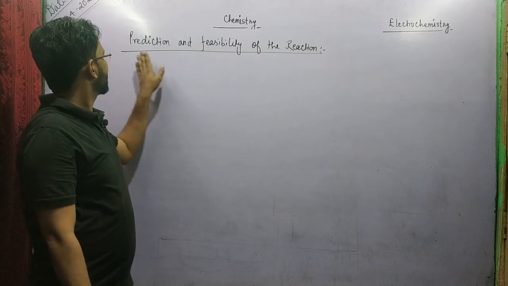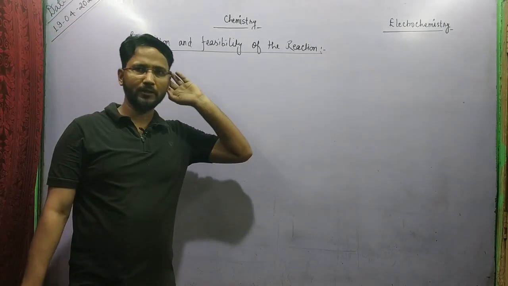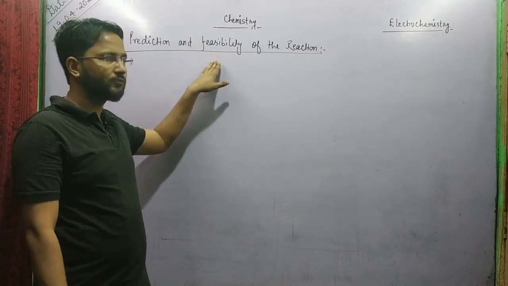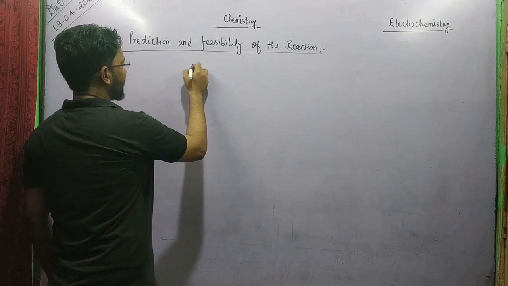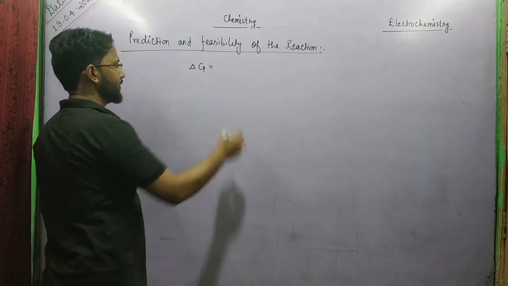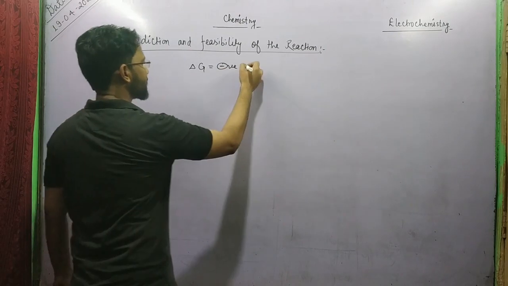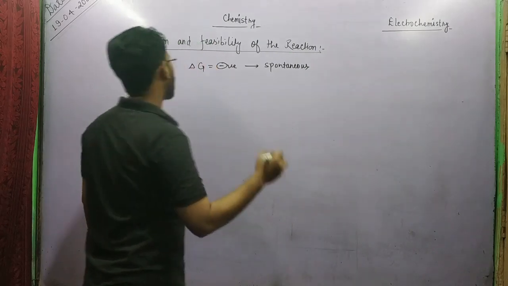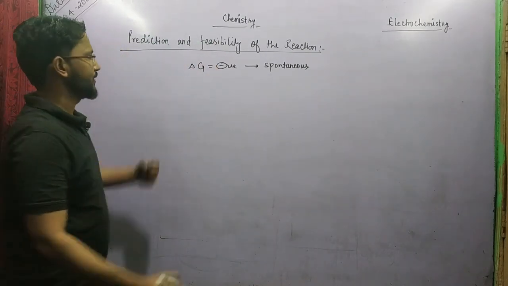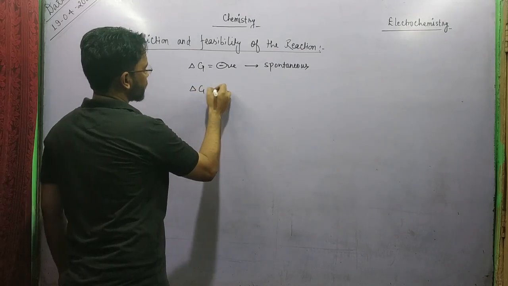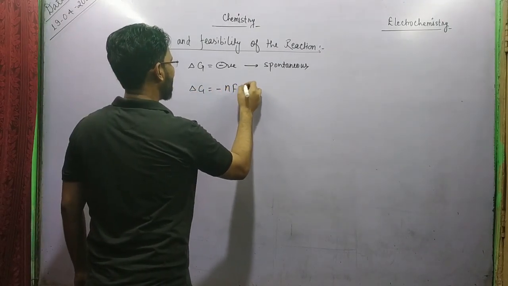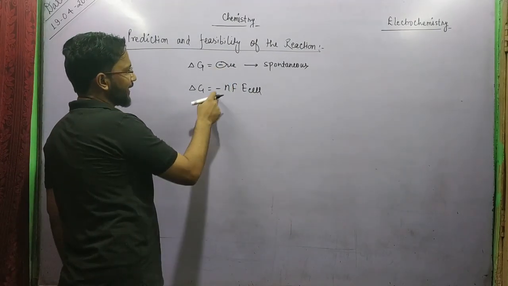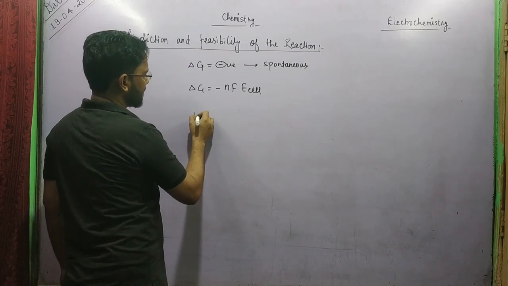Now in the next heading, prediction and feasibility of the reaction, meaning when the reaction becomes spontaneous. The condition is that when delta G, the free energy, is negative, the reaction will be feasible or spontaneous. We can see the relation of E cell to delta G. We know delta G equals minus NF E cell, so if delta G is negative, the negatives cancel and E cell becomes positive.